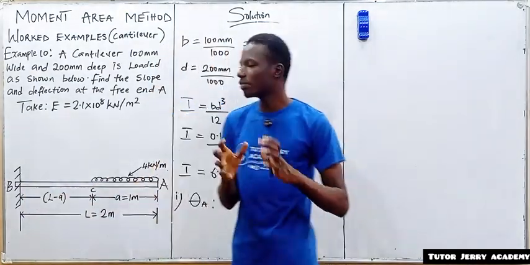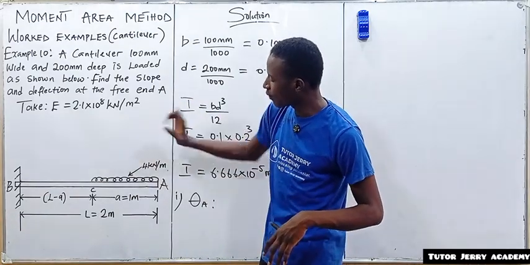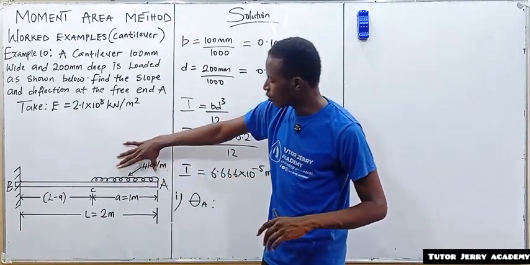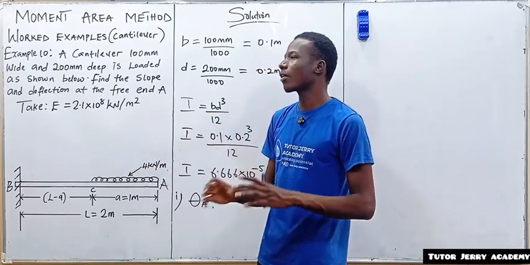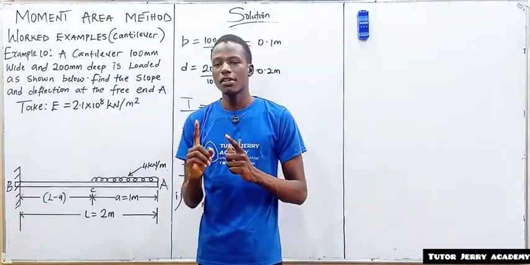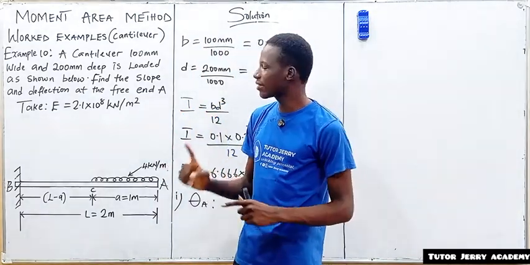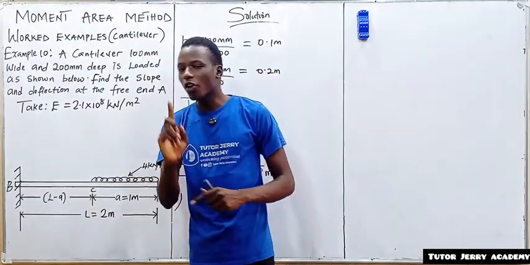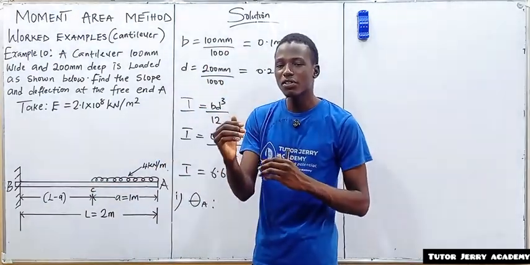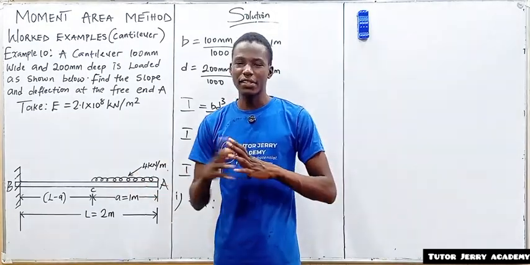So what we are going to do, in order to get the slope due to this uniformly distributed load, is subtract the slope due to a uniformly distributed load at a distance A from the fixed end from the slope due to a uniformly distributed load over the whole span of the cantilever.